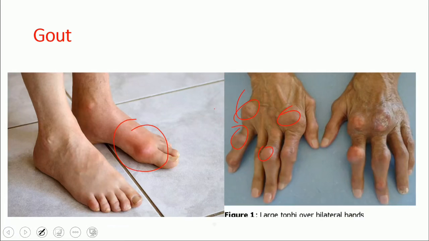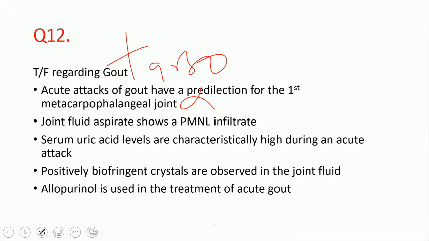And when it does, it presents identical to something like septic arthritis, a very acute, painful joint swelling. And if you aspirate that joint, you will see a neutrophil predominance. But it is not as large a neutrophil infiltrate as septic arthritis, though you will see a neutrophil predominance in gout. Right. So how do we diagnose it?